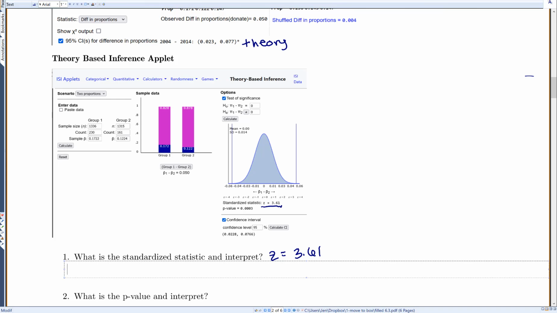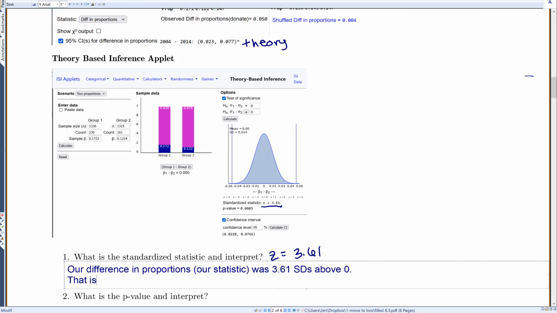So sometimes we like to say our difference in proportions, our statistic, was 3.61 standard deviations above 0. Okay, that is surprising. Okay, anything above 2 is surprising, so this would tell me right away that I have evidence against the null because z is greater than 2.